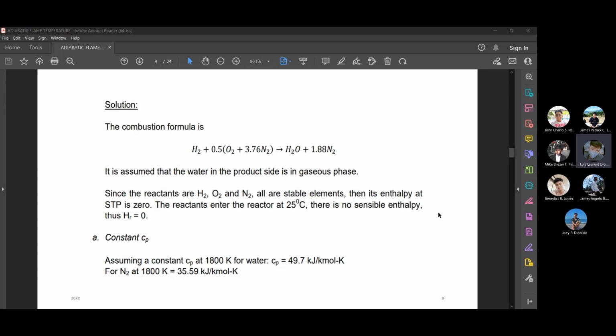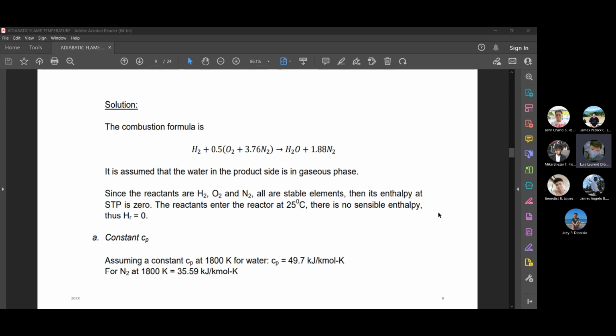Since the reactants are H2, O2, and N2, all are stable elements, then their enthalpy at STP is 0. The reactants enter the reactor at 25 degrees Celsius, so there is no sensible enthalpy. Thus, the enthalpy of reaction is equal to 0.